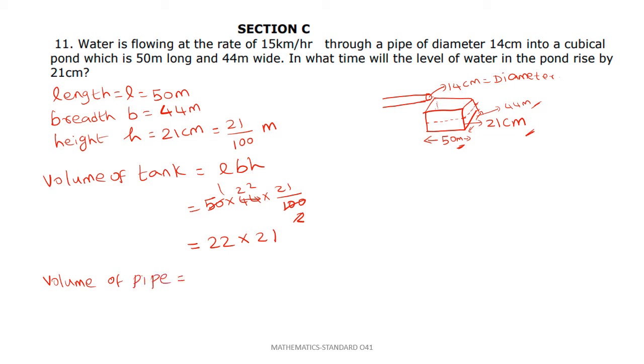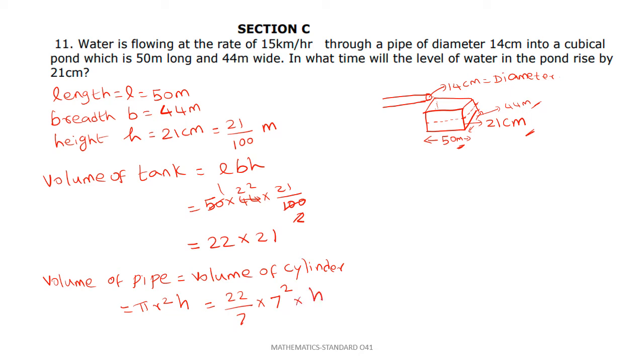So volume of pipe and volume of cylinder is going to be same. The formula for volume of cylinder is pi r square h, where pi is 22 by 7 and r, how much is r? Diameter is 14 centimeter.